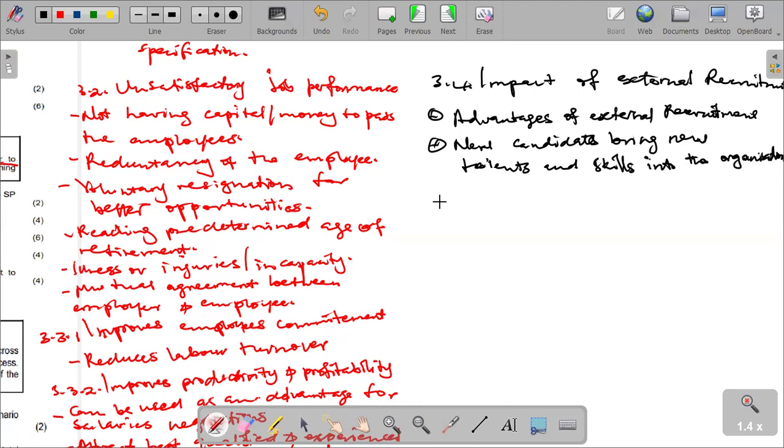They bring new talents and skills into the organization.